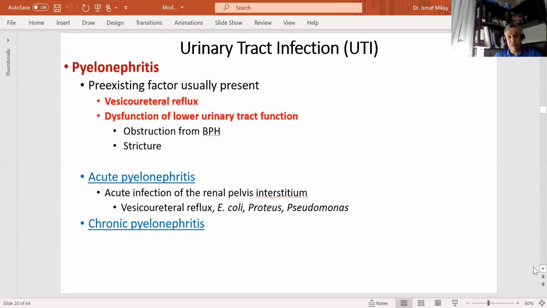The patient will have obstruction from BPH, benign prostatic hyperplasia, either due to strictures or urinary stones. An example would be patients in long-term facilities, like nursing homes. They will develop this from the use of a Foley catheter. That's the main cause for elderly in long-term facilities.